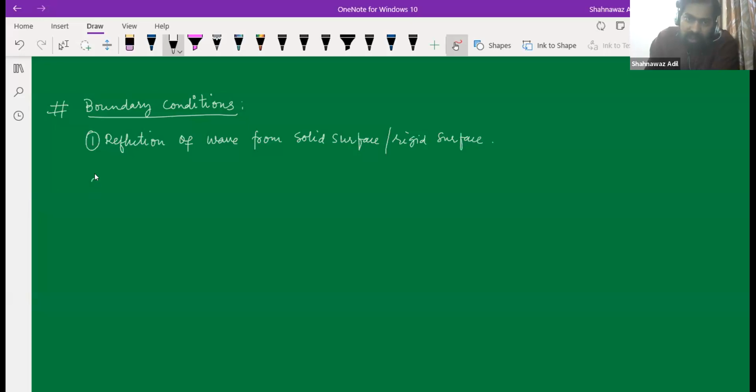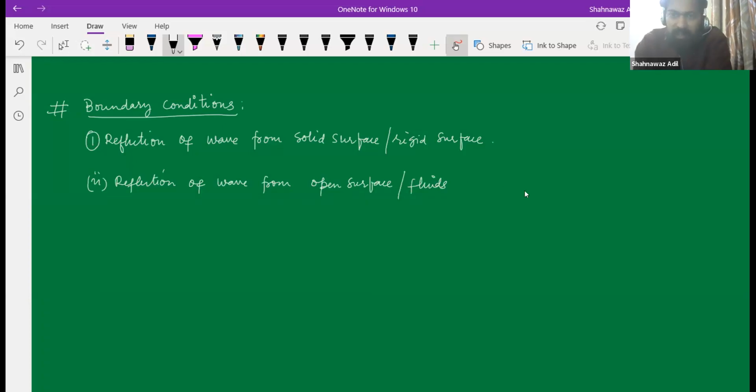And the second one is reflection of wave from, let's say, open surface, which can be fluids, right? These are the two kinds of reflection that may happen.